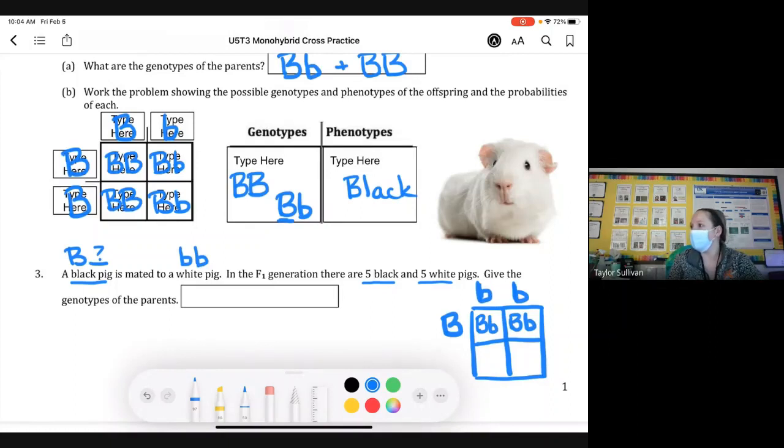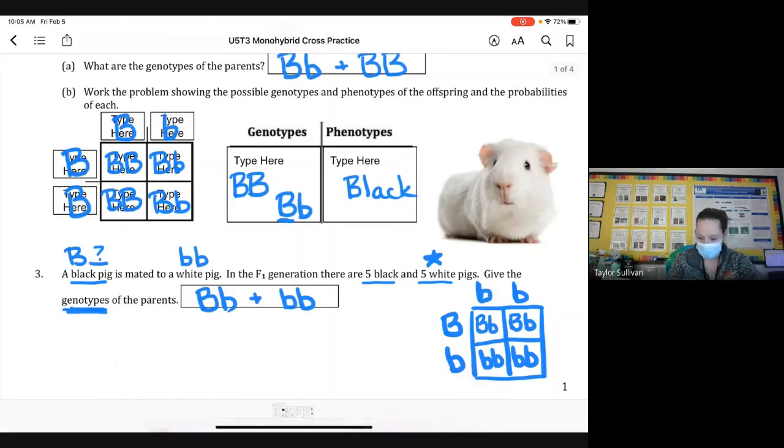What color are the big B, little b babies? They're black, right? So if I'm going to get half of them to be white, this black guinea pig needs to be heterozygous, because then the other half of these babies would be little b, which means they would be white. So the genotypes, which alleles the parents have: the black guinea pig is big B, little b, and the white guinea pig is little b, little b. Pretty cool?